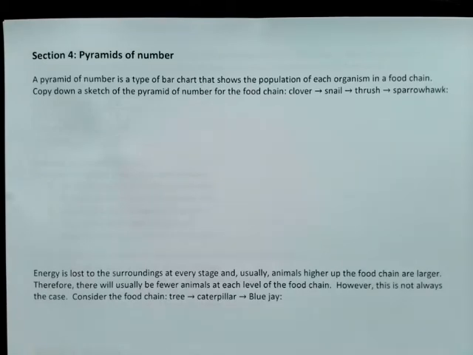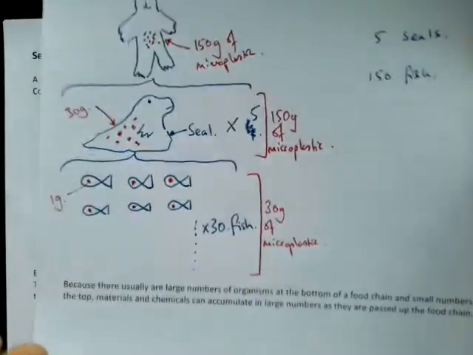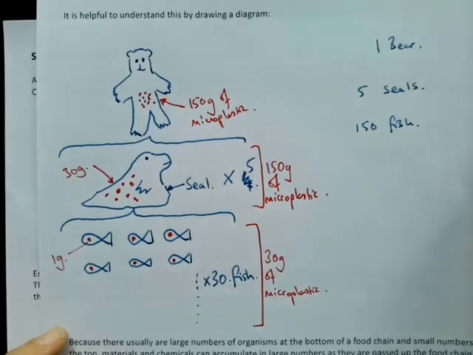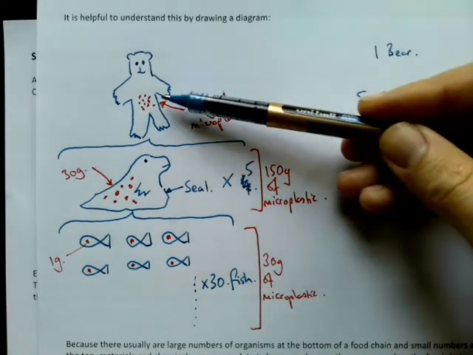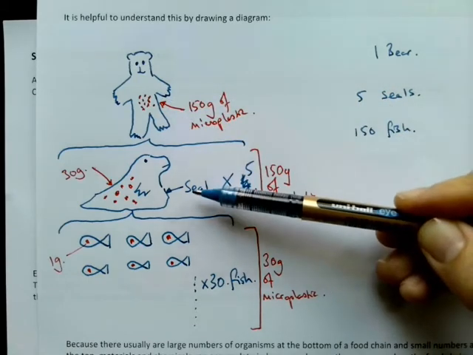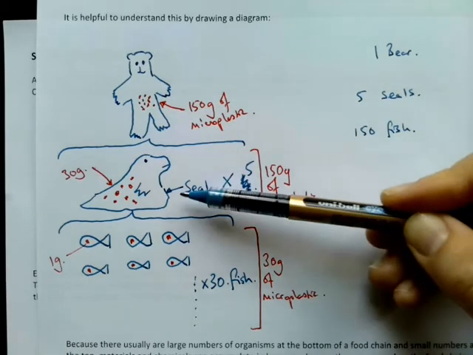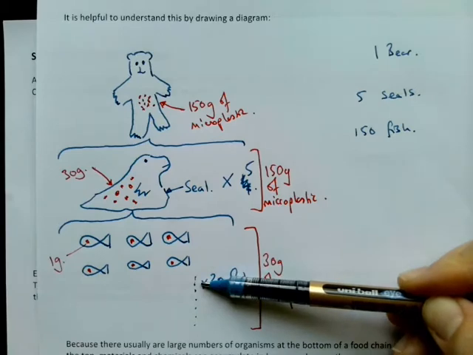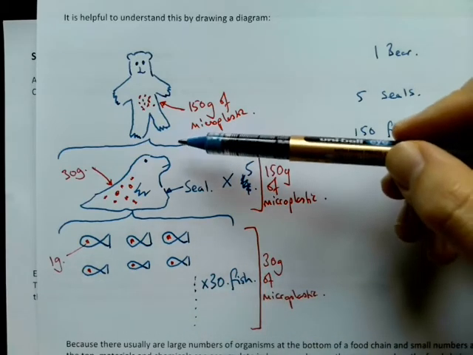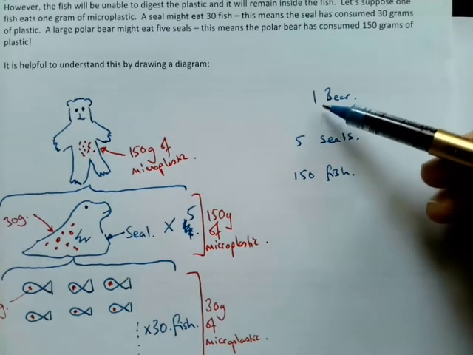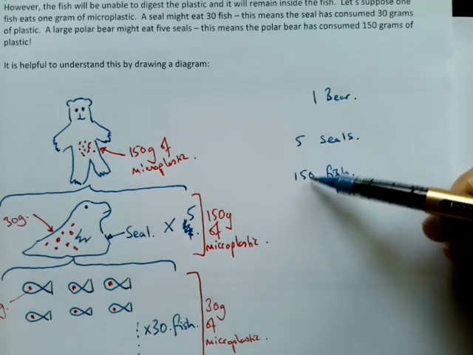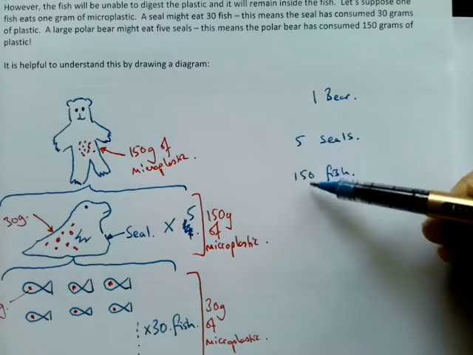In our lesson last week, when we were talking about bioaccumulation, you'll remember that one bear will eat 5 seals, and each seal will eat 30 fish. I wrote it down last week: one bear, 5 seals, 150 fish, because each of the 5 seals eats 30 fish, and 5 times 30 is 150.